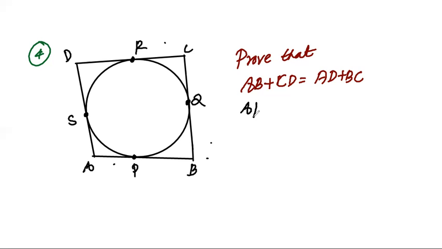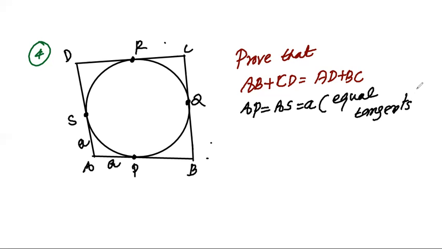So according to the concept, we know that AP and AS will be equal because they are the tangents drawn from the external point A. So let me denote the length of AP and AS as a. Both are equal. So I can write the reason is nothing but both of them are equal tangents.